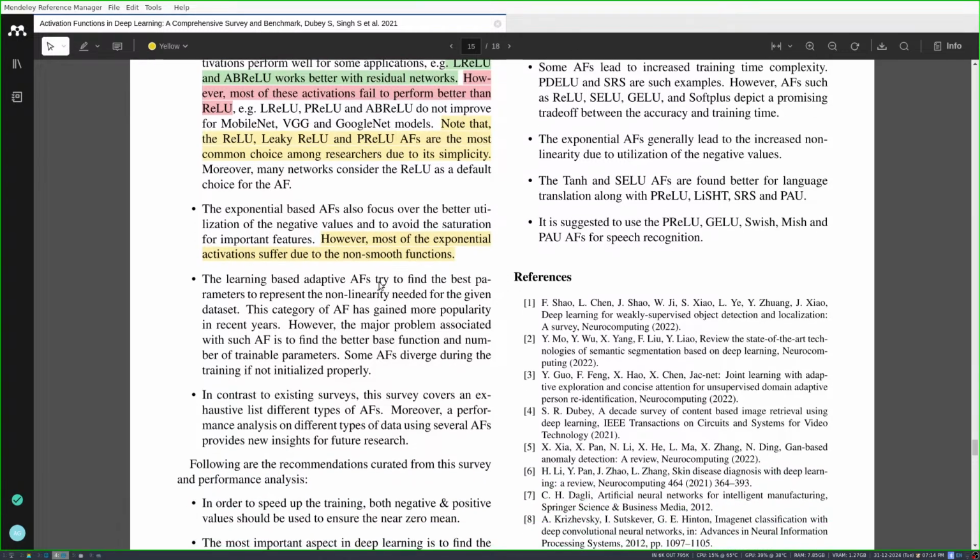The learning-based adaptive activation functions try to find the best parameters to represent non-linearity. This category of activation has come up in this. However, the main problem with this is to find the better base function among a number of random parameters. Some activation functions diverge during training if not initialized properly.